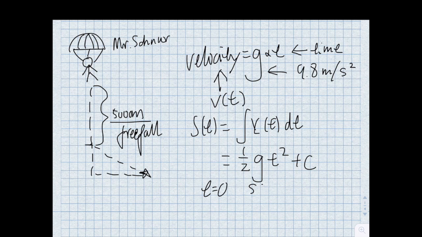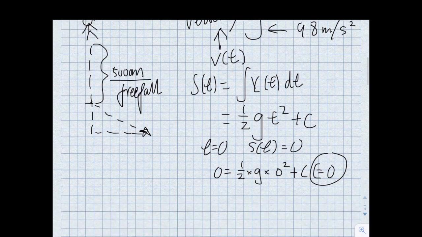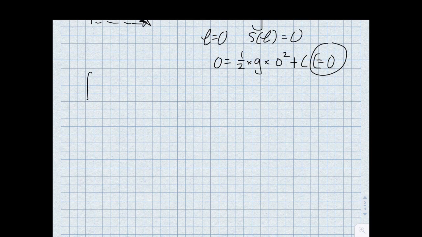When t equals 0, since Mr. Schnurr just started the free fall, substitute 0 into the equation and you get c equals 0. The s(t) value is equal to the free fall distance, or position, which is 5,000 meters for Mr. Schnurr.